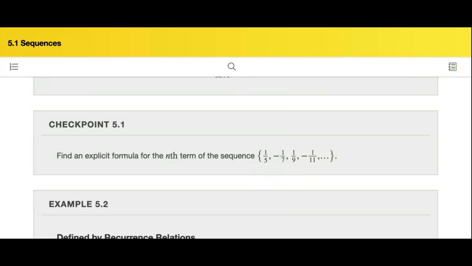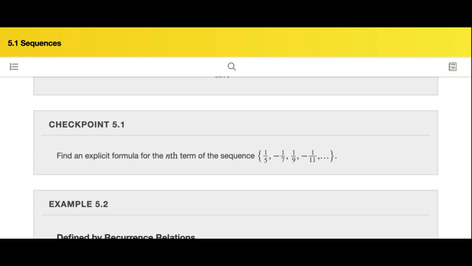So you see, it keeps going. So the denominator of a_n should be 5 plus 2 times (n minus 1). Then we simplify: 5 plus 2n minus 2.